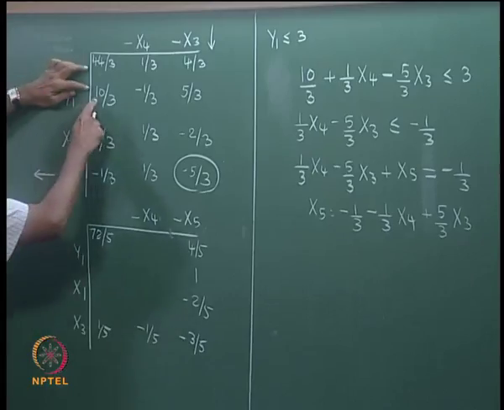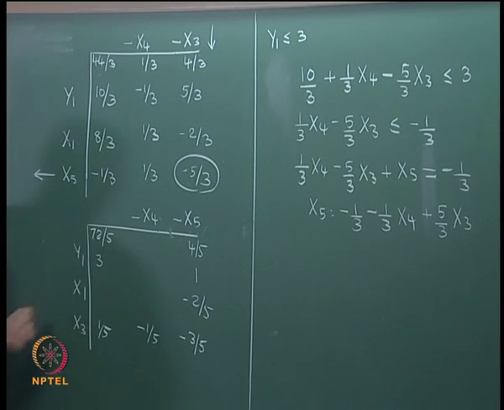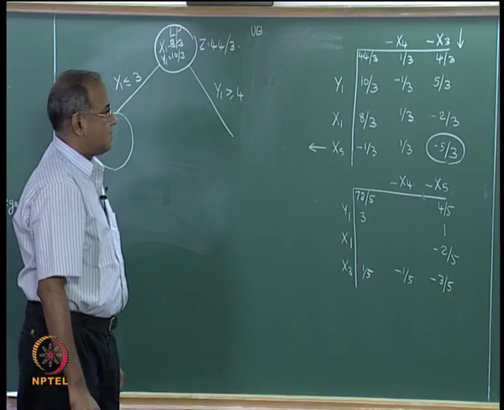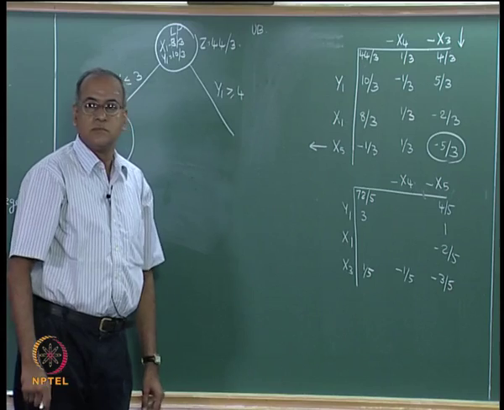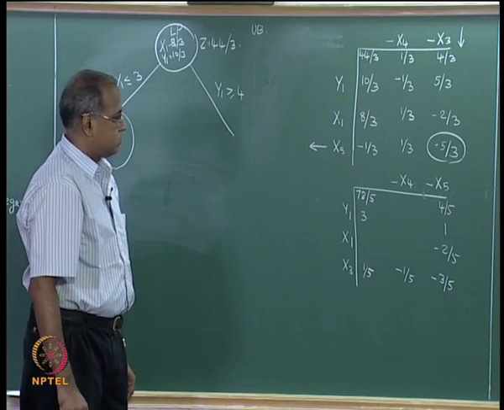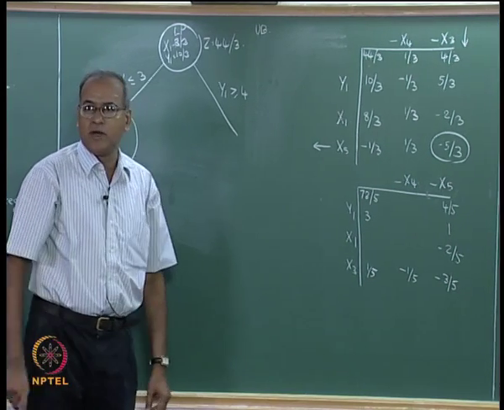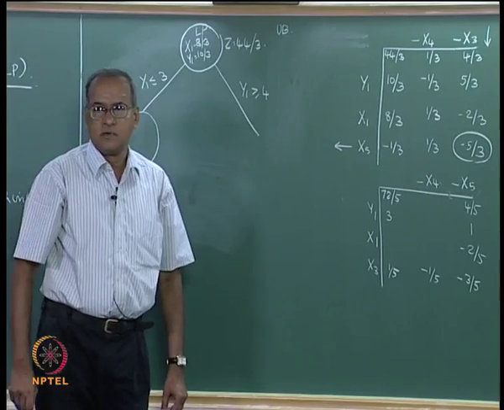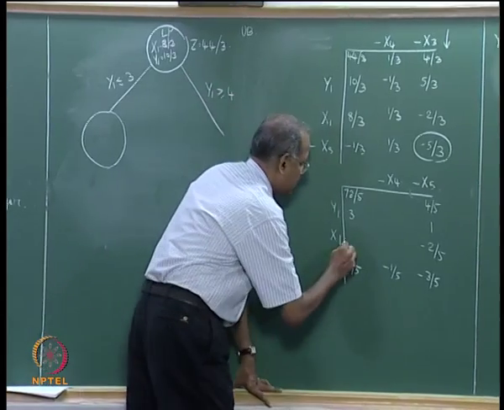Now, this value is 10 by 3 minus 1 by 3, which is 9 by 3, and 3, 8 by 3 plus 2 by 15. So, 8 by 3 plus 2 by 15 is 42 by 15, which is 14 by 5.